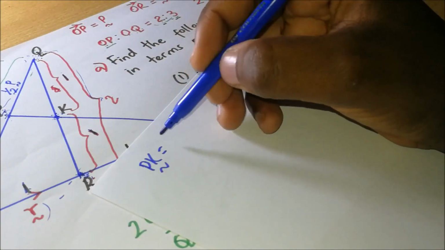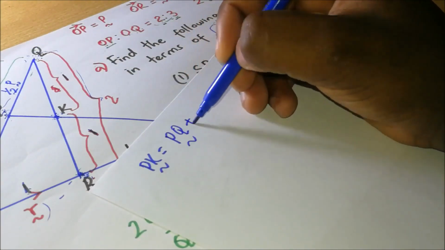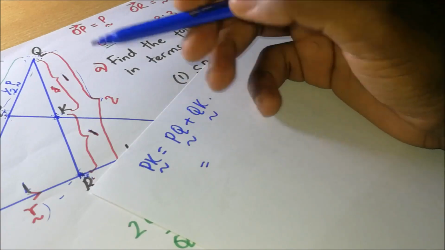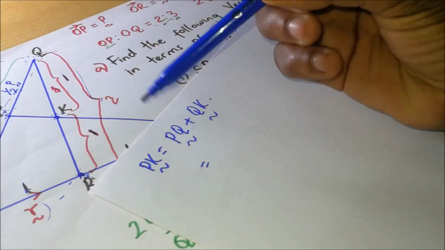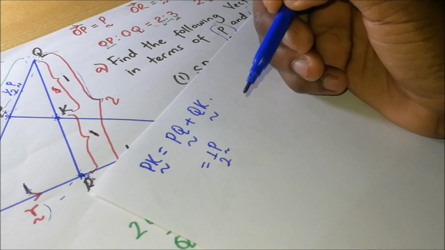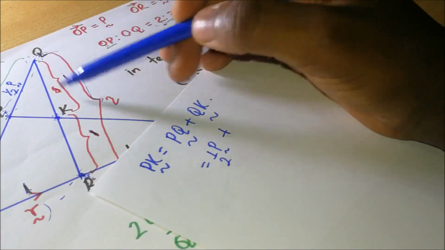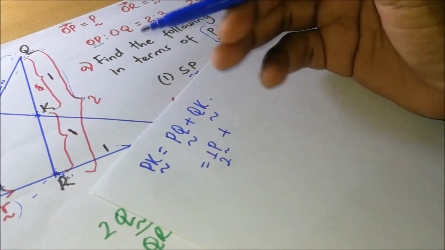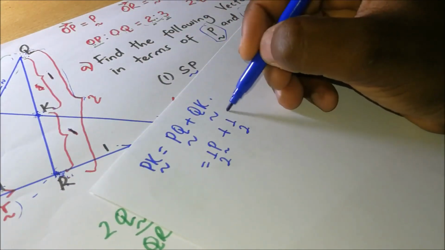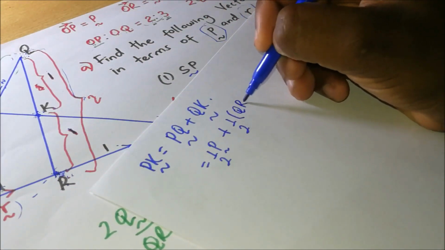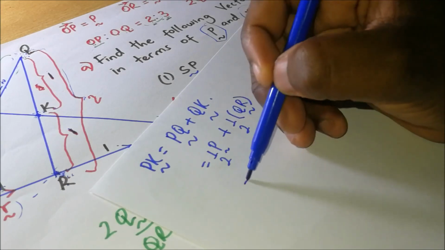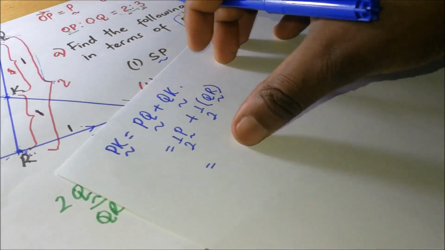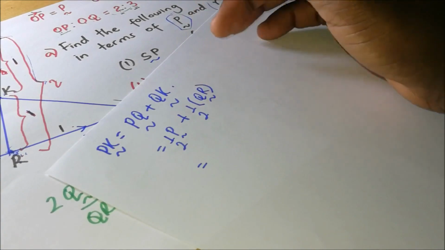So that's going to become PQ. PQ is a half P plus QK. QK is a half of QR. So what is that going to amount to? What is QR?